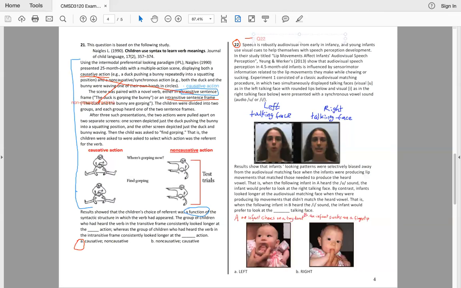Question 22, everyone got 4 points, no matter which answer you chose.